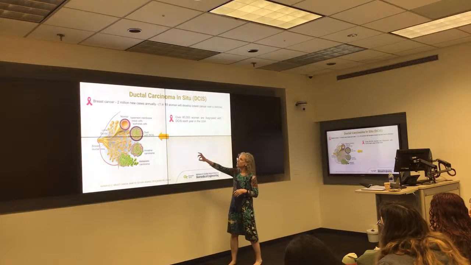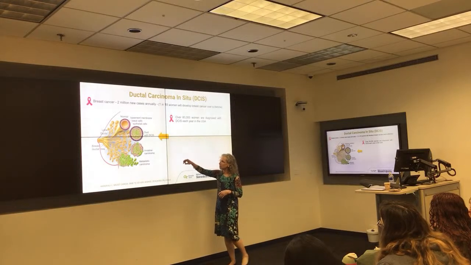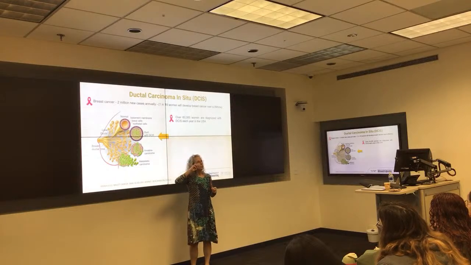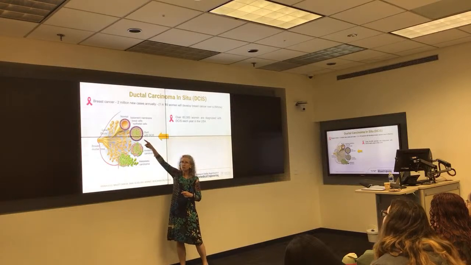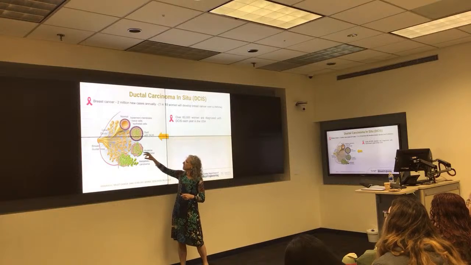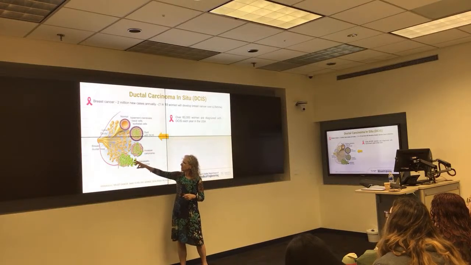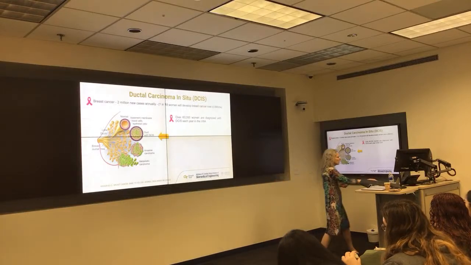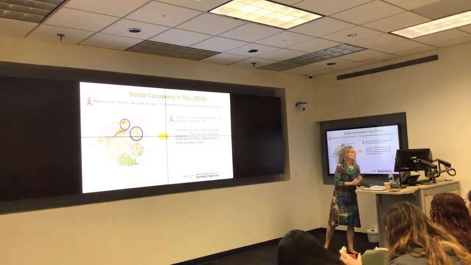So she was really interested in breast cancer, and in particular in ductal carcinoma in situ. These breast cancers start within the milk duct, and then they can become invasive and start to metastasize out of the milk duct.